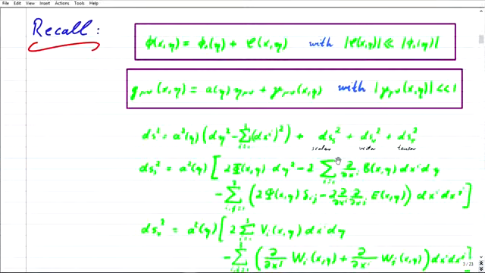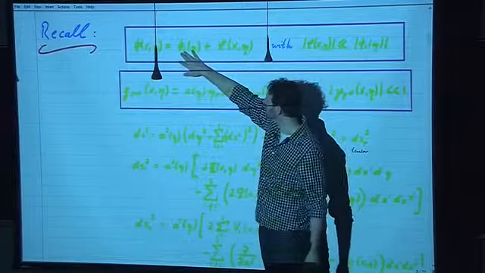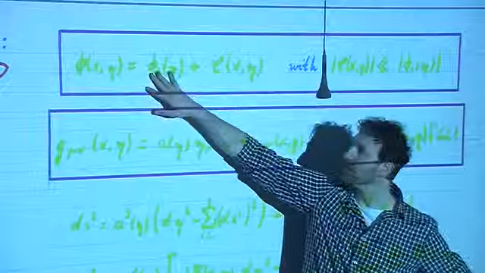Okay, so how do we do these calculations? Remember, we decomposed the inflaton field into its zero mode that doesn't depend on space. It's just constant in space, only has a time dependence. That's the bulk of the field, the bulk of the amplitude of the field, and we treat that part classically.